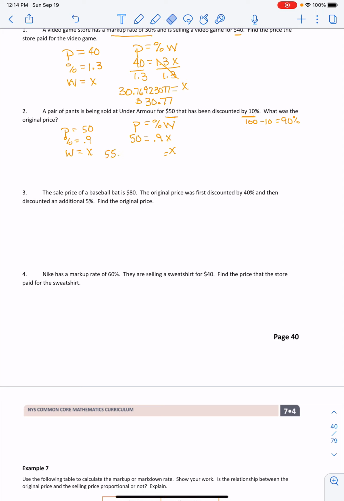Well, I'm going to fix this here too. It's actually 55.5 repeating. So when I change that to dollars and cents, it's 55.56.